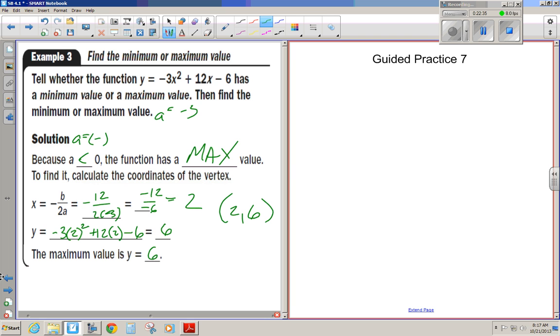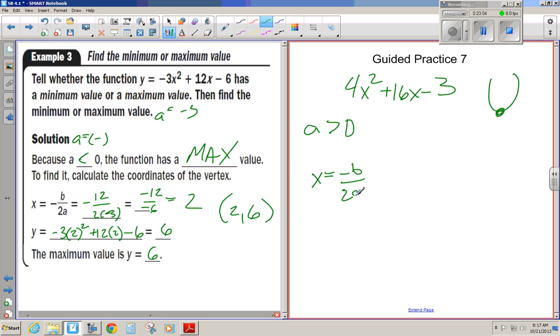Guided practice number 7, find a minimum value for this equation. 4x squared plus 16x minus 3. So we know it's a minimum since a is greater than 0. We know that it's a minimum because it opens up. So we look at x equals negative b over 2a.